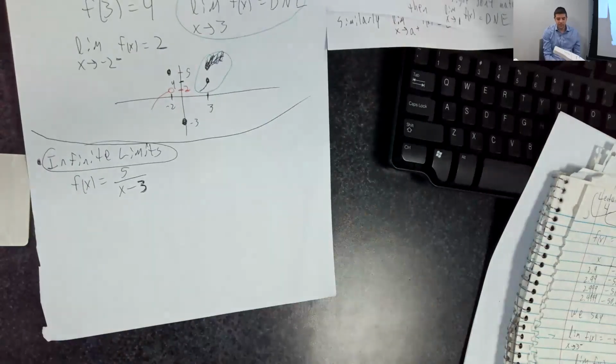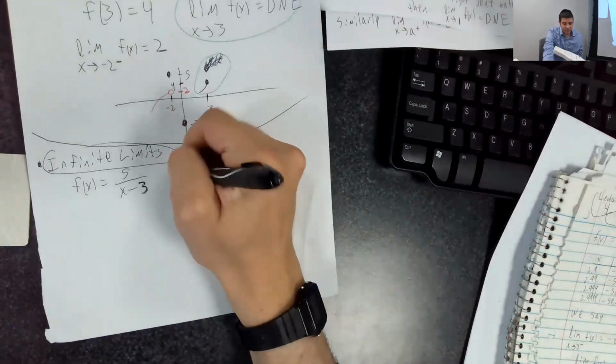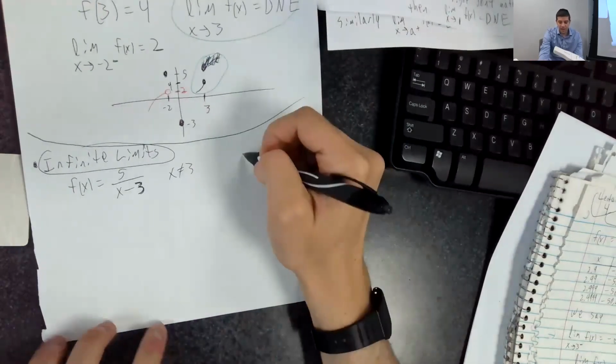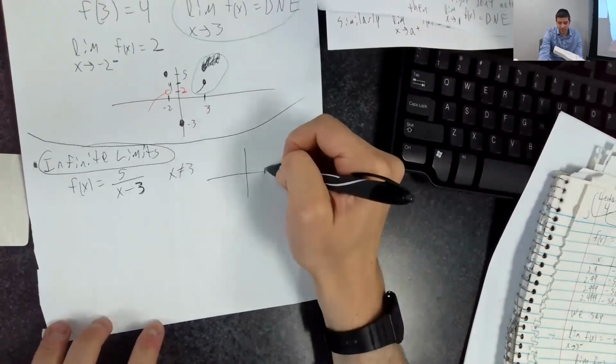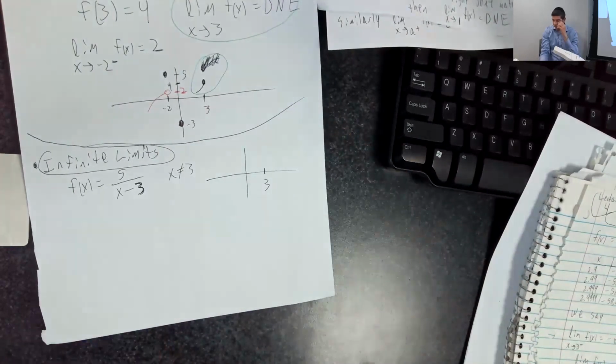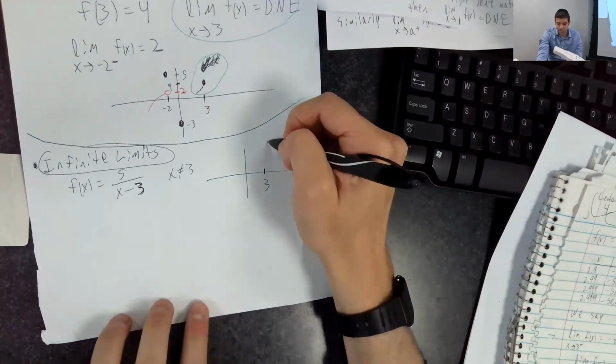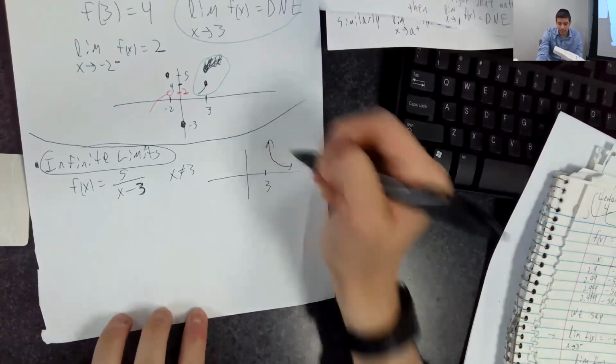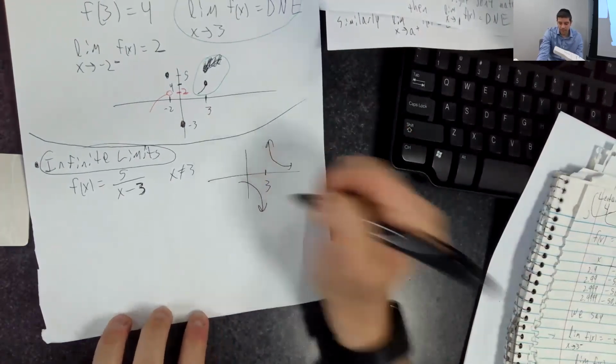So again, what's the domain? X is not equal to 3. If we draw this, it's very similar to what we had. What would it look like? It would look something like this.